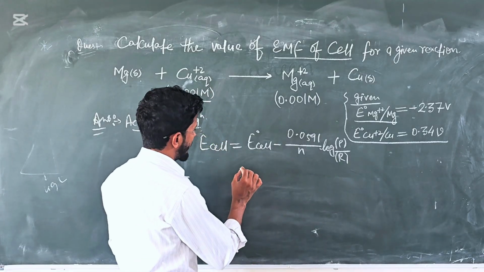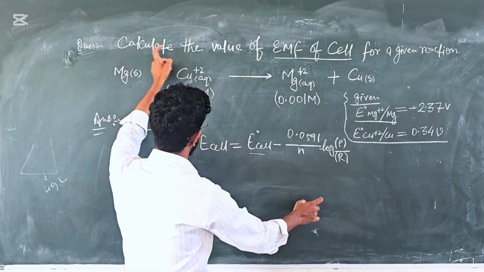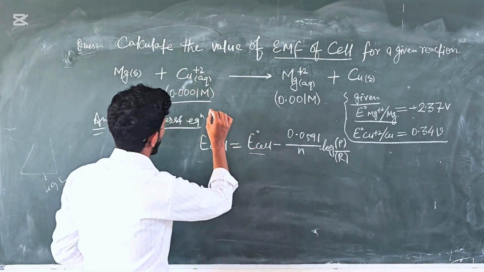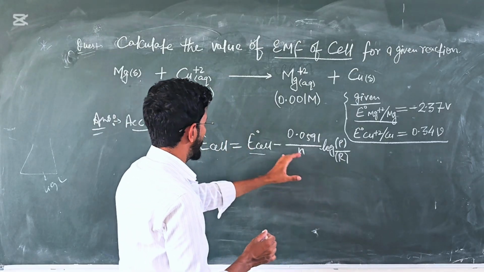Now we need the value of E naught, the concentrations of product and reactant, and the value of n, the number of electrons gained or lost in the reaction.